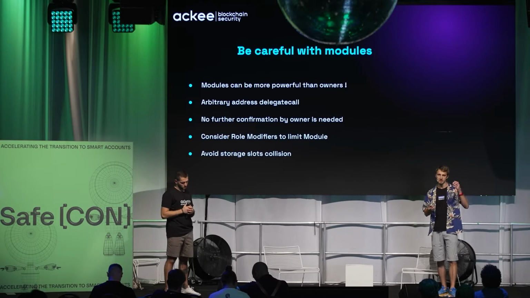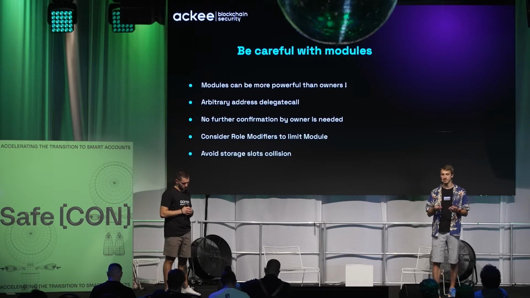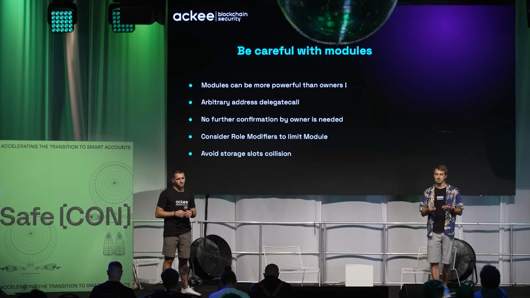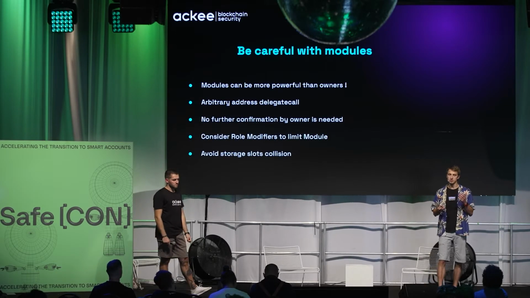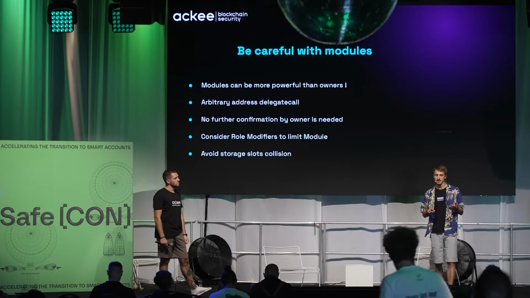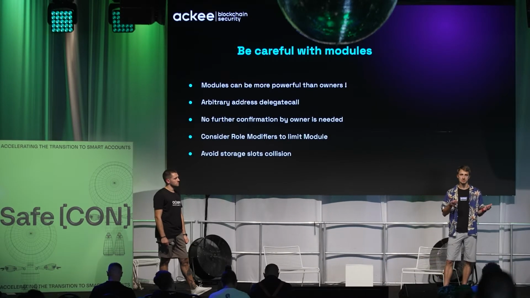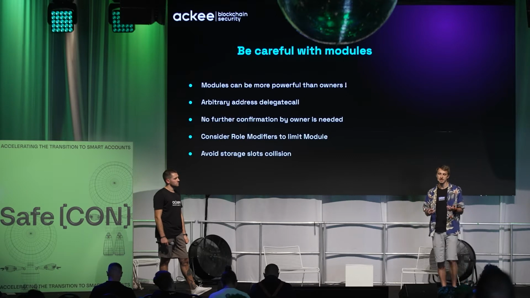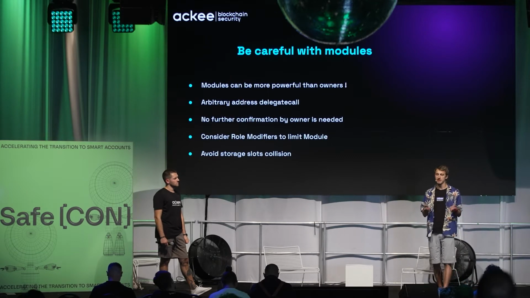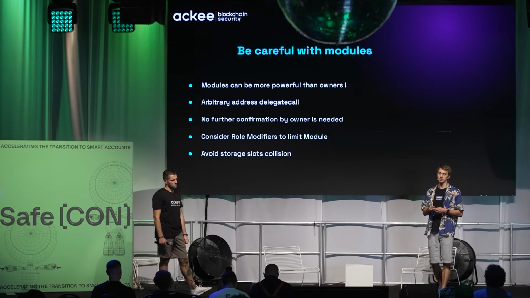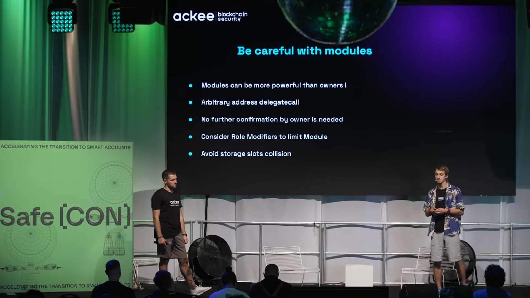There's just one top-level call from the module and no verification of the owner signatures. Also, the modules can perform arbitrary address delegate calls, and through delegate calls we can corrupt the storage of our contracts, and the worst scenario is even self-destruct, which would completely destroy the Safe.